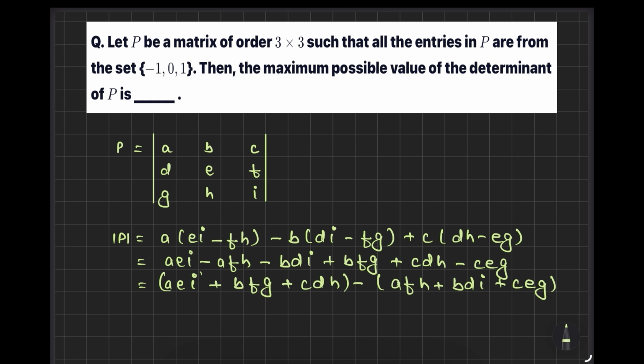So can I say that using the elements minus 1, 0 or 1, this can become minus 1 by a certain combination, minus 1, minus 1, minus 1. It can also become 0 if any one of them is 0. It can also become 1, with 1, 1, 1.